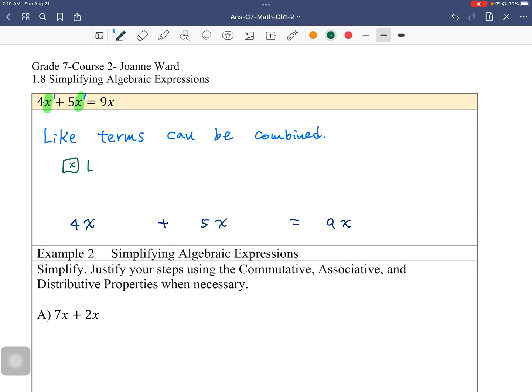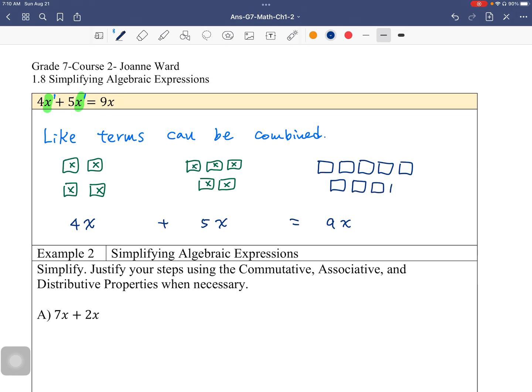I have 4x here, then I have 5x here, and in total I have 9x.